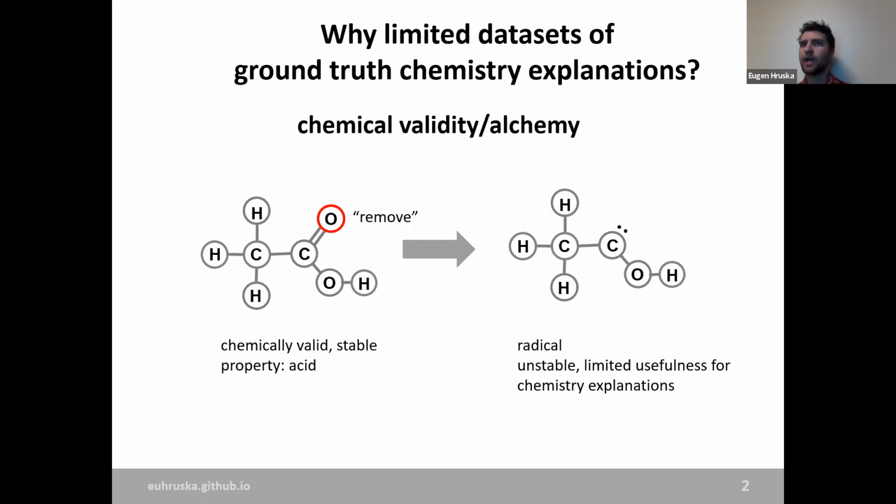It will react further, so it's not something where you will have a property which you can use. So this machine learning approach, where we just remove a whole node, is in chemistry terms not necessarily valid, and would be more like alchemy than a chemically valid procedure. For that reason, having chemical validity is quite important when talking about ground truth chemistry explanations.